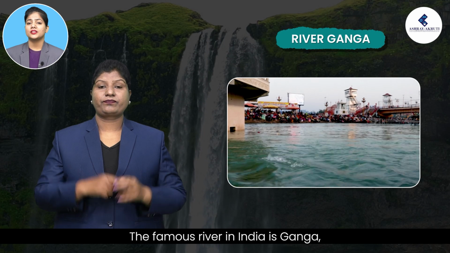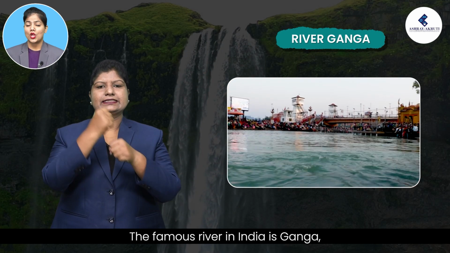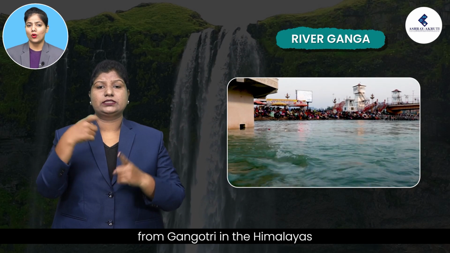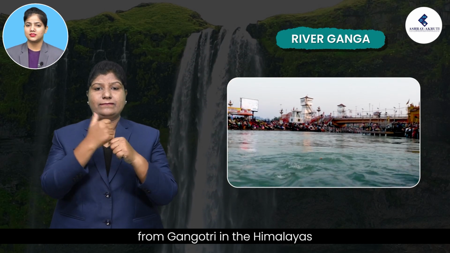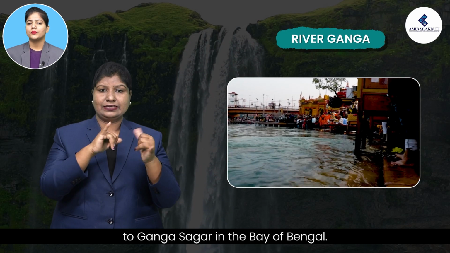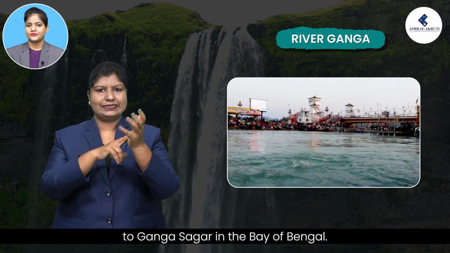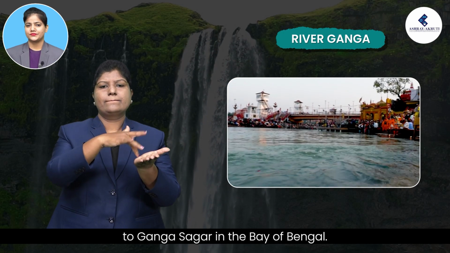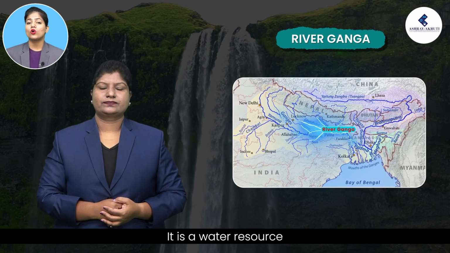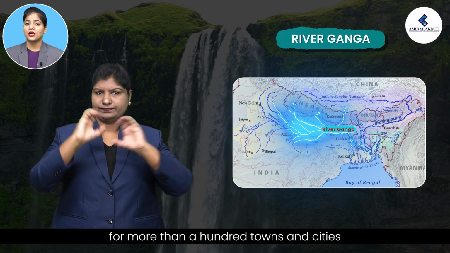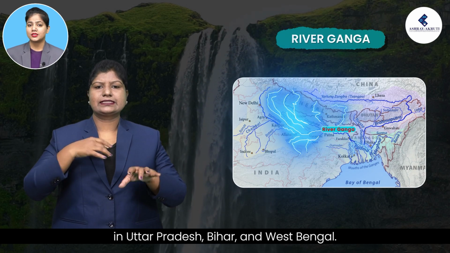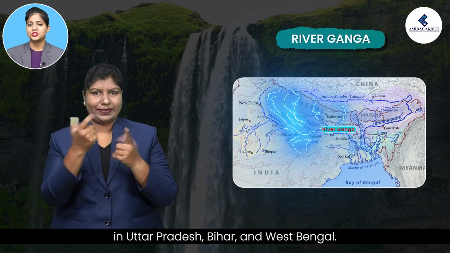The famous river in India is Ganga, which runs over 2,500 km from Gangotri in the Himalayas to Ganga Sagar in the Bay of Bengal. It is a water resource for more than 100 towns and cities in Uttar Pradesh, Bihar, and West Bengal.